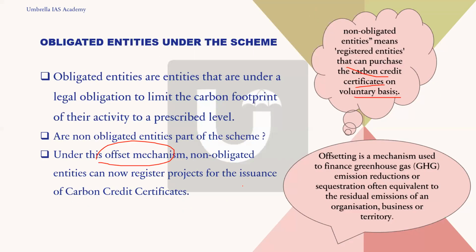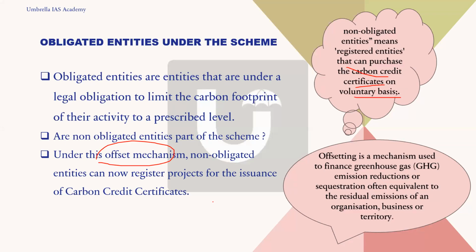So whatever registered entity I have, let us say it does some carbon offset. Give me some examples of carbon offset, like I'm reducing carbon emission.